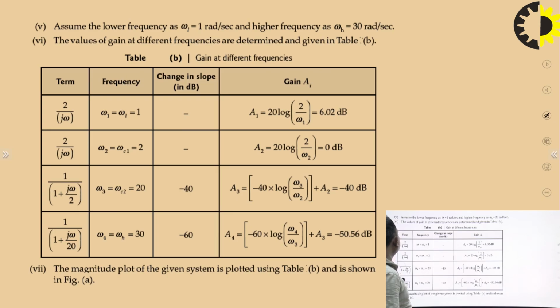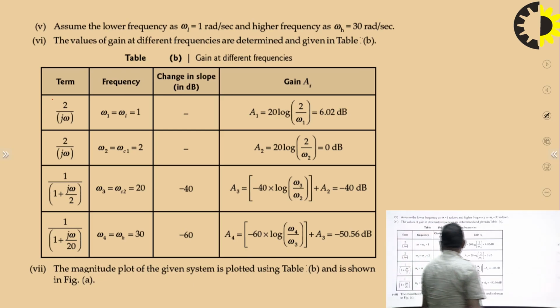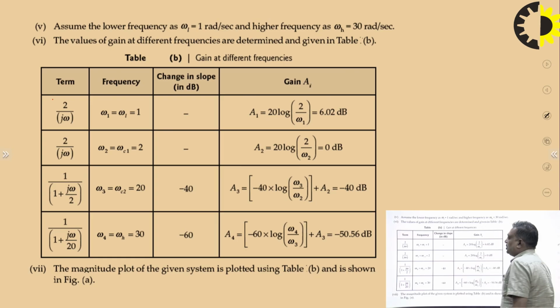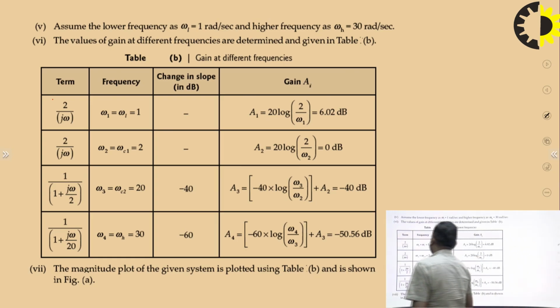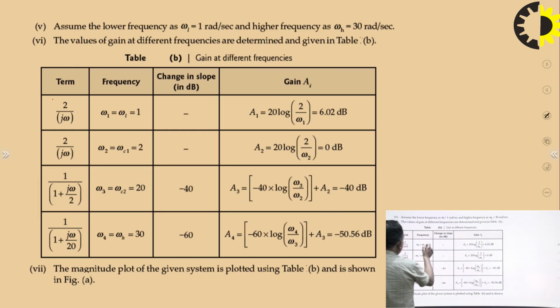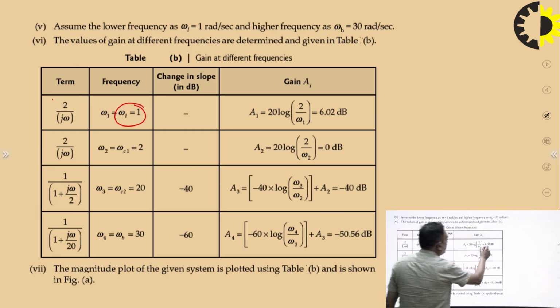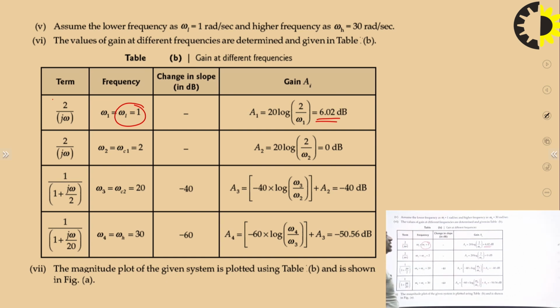So you can see here the values of gain we have calculated. How will you calculate? When you take 20 log mod of this, it will become 20 log 2 minus 20 log omega. Okay. So if you are choosing your starting frequency as 1 radian per second, the starting point of the Bode plot is 6.02 dB.